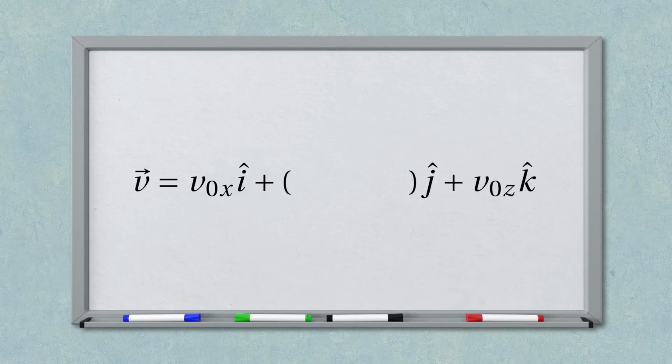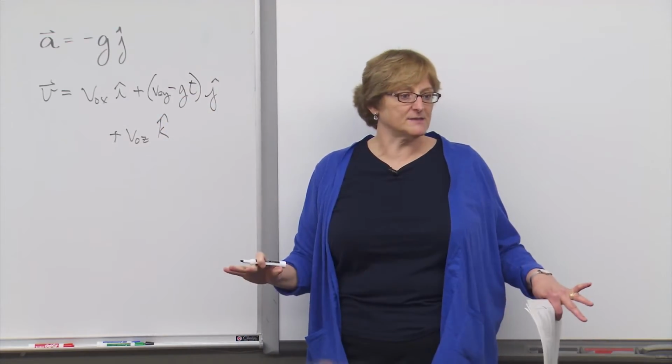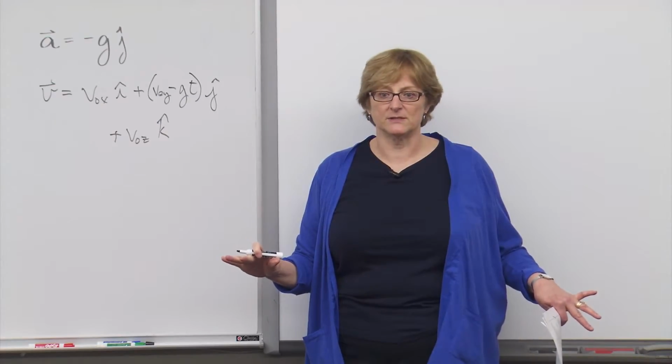It's only the velocity in the up-down direction that changes, because only in the up-down direction is there acceleration. So that velocity is the initial y velocity minus gt, as we derived before. This equation, if you just look at the y component, is the thing we derived before. And in the x and z components, there is no change. It's constant because there's no force in those directions.